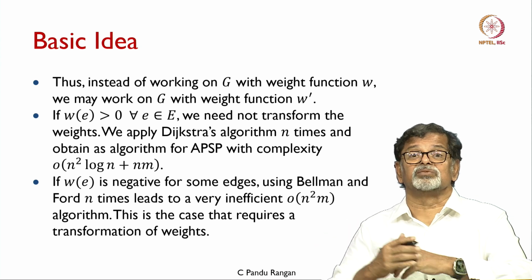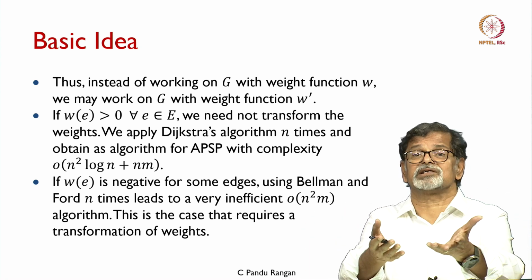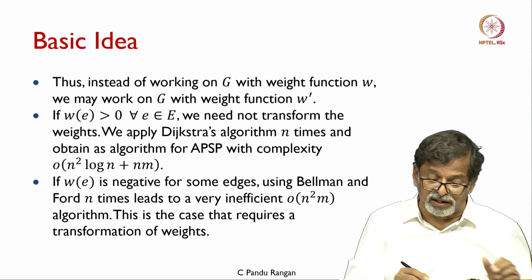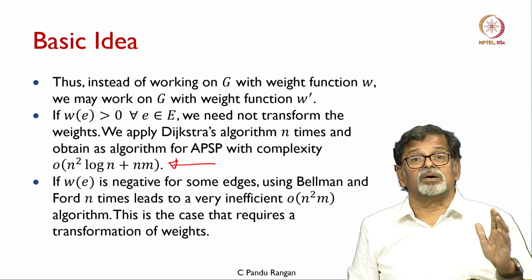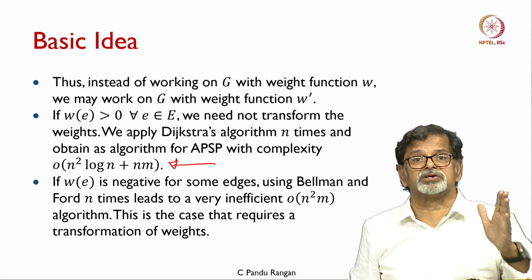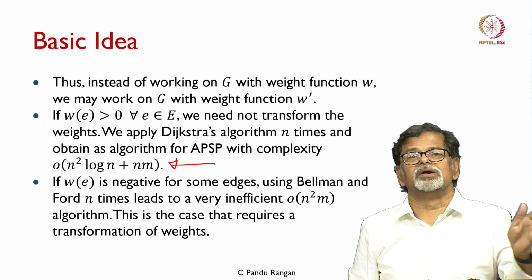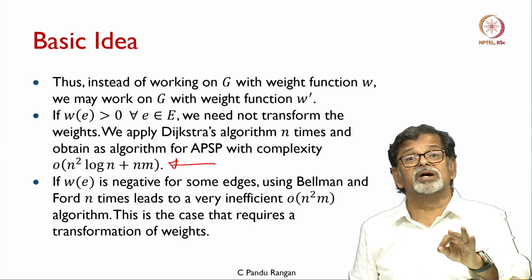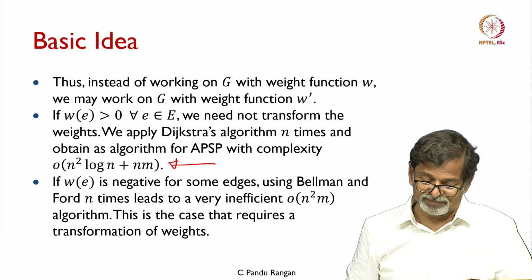There is an advantage in working with w dash that is positive. You can apply Dijkstra's algorithm n times and get this complexity. Therefore, all we have to do is make sure that in the transformation we go from w to w dash, and w dash has got all weights to be positive, okay.